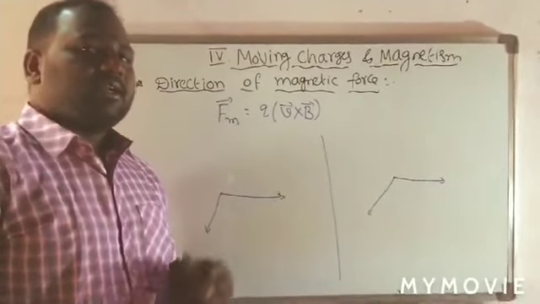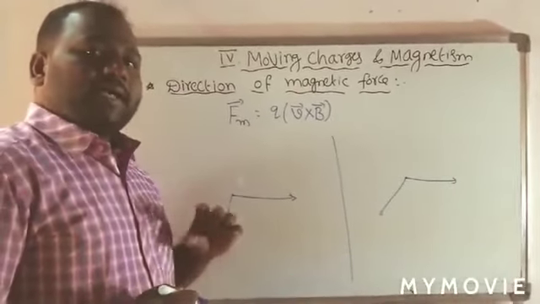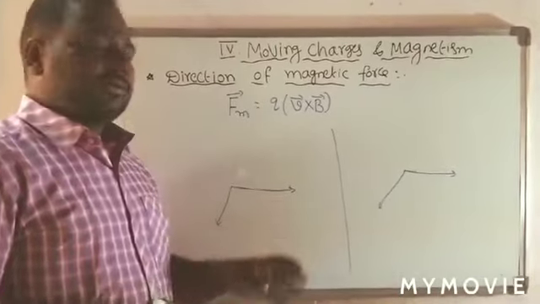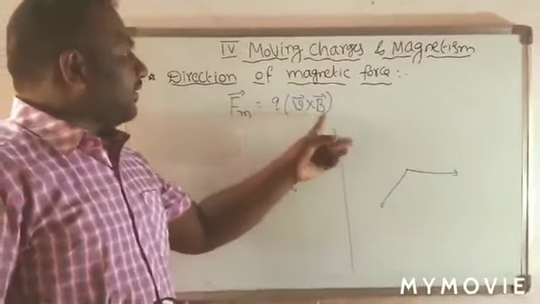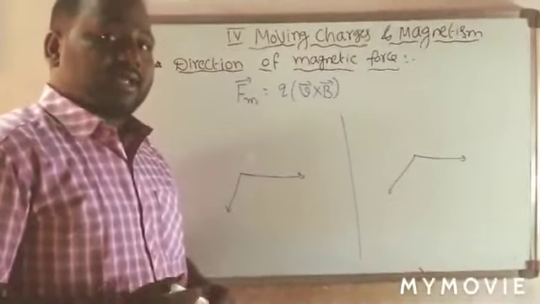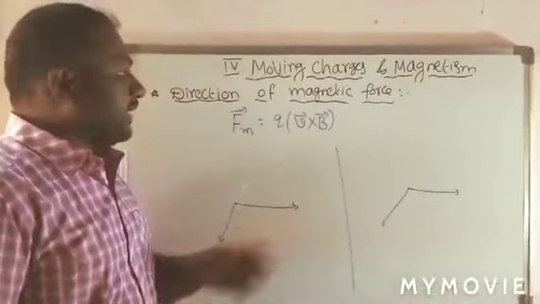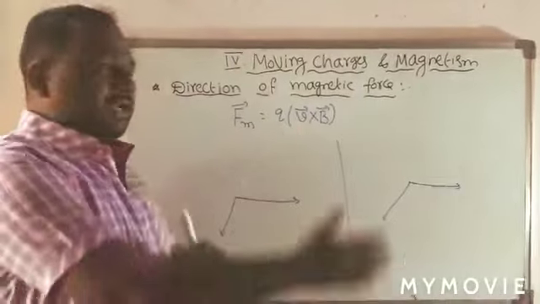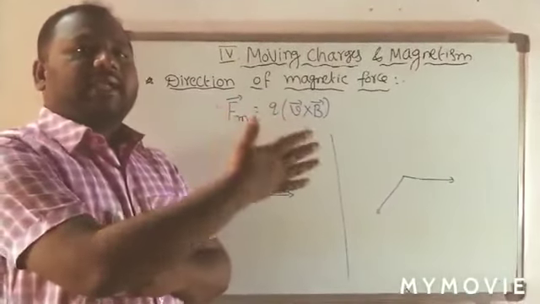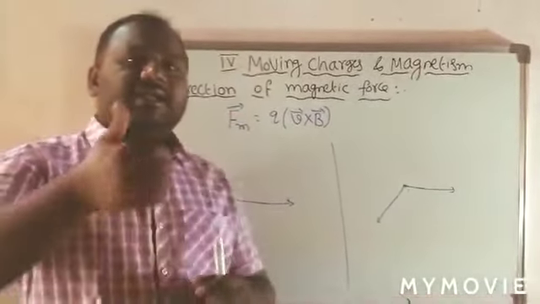This is very important. So how to find the direction of the magnetic force? Here velocity is a vector, field is a vector, and force is also a vector. So how to find the direction of the magnetic force? For that we are going to use our right hand thumb rule. Here what is the right hand thumb rule?